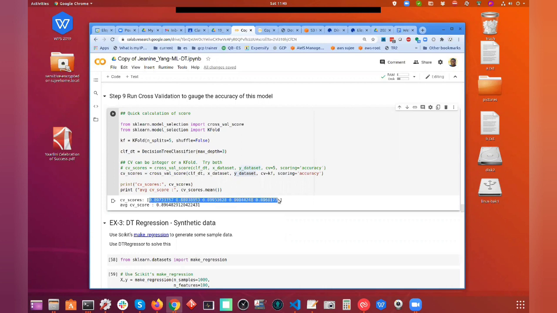For example, if you have things like 90%, 60%, 40%, 30%, something along those lines, that means the algorithm is swinging pretty widely. It's an unstable model. As cross validation goes through all the splits, if the accuracy keeps changing very widely, that's not a good sign.